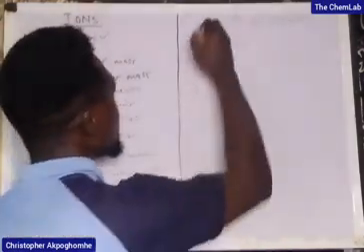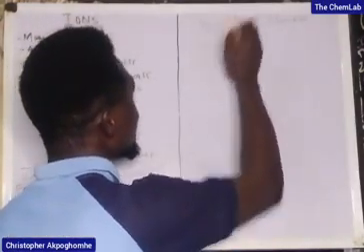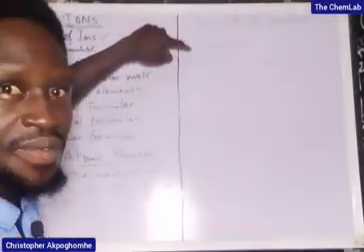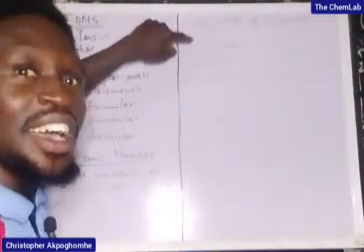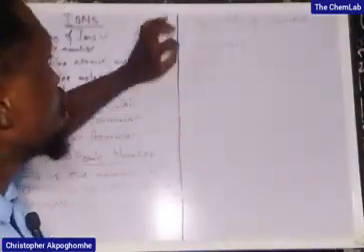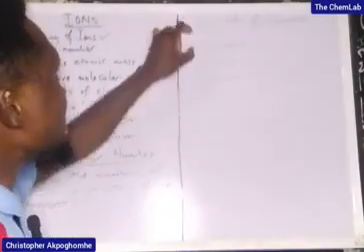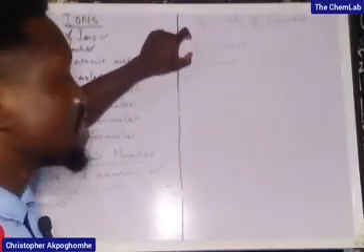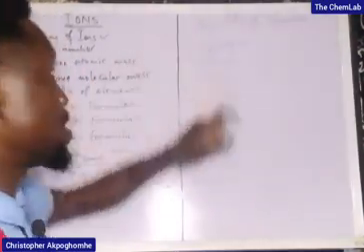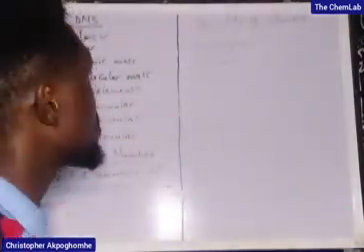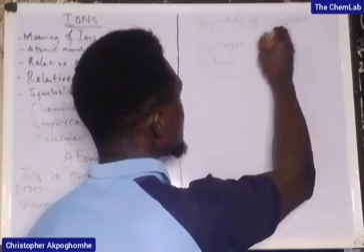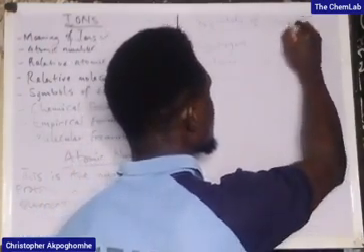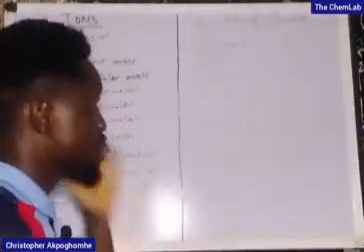Alright, so we have hydrogen. Now, what will be the symbol of hydrogen? What we usually do is take the initial, that is the first letter of the name of that element, to represent the symbol. So hydrogen will be H. That is the symbol for hydrogen.